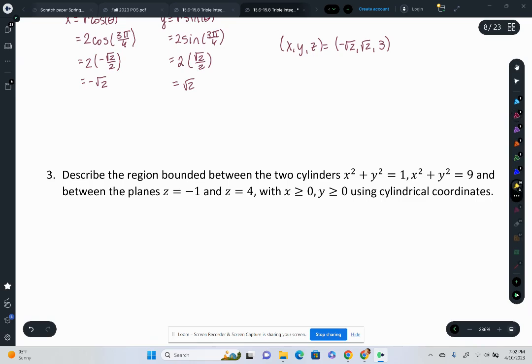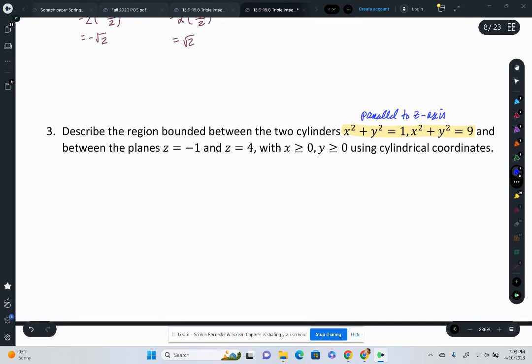Now, these cylinders are circular cylinders, and they run parallel to the z-axis. So these are standard upright cylinders. One has a radius of 3, one has a radius of 1. So we could picture this in such a way, something like this.